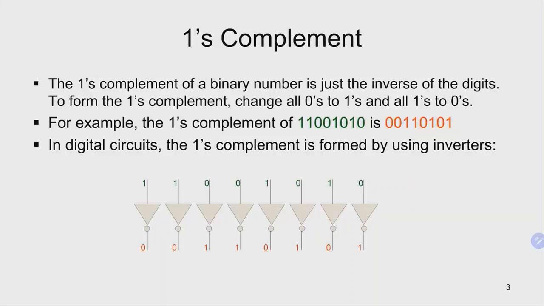To go back to what we have learned about numbering systems in the earlier topics, we talked about two's complement numbers. We start off with one's complement. In one's complement, if we have a string of binary numbers, to convert that into one's complement, we invert all the bits. So if you have a 0, it becomes 1, and if it's 1, it becomes 0. To do that using digital circuits, I'm sure you have figured that out. In order to invert the bits, we simply put them through an inverter or a NOT gate.